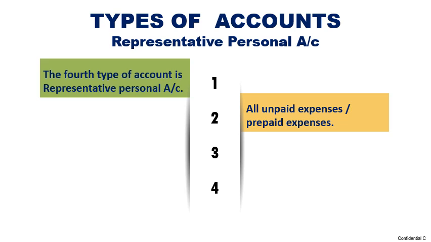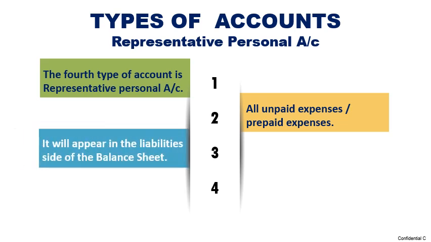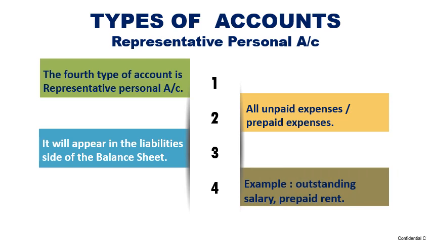Unpaid means payable, prepaid means receivable. If it is payable, it will appear on the liability side of the balance sheet. If it is receivable, it will appear on the asset side. For example, outstanding salary and prepaid rent are representative personal accounts.